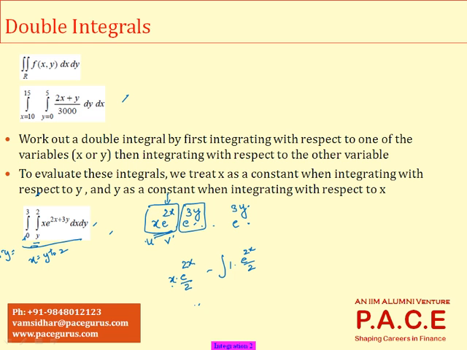So how much is this becoming? X into e power 2x by 2 minus 1 by 2 into, what is the integral of 2x? E power 2x by 2 again. This entire thing is integrated between 2 and y.